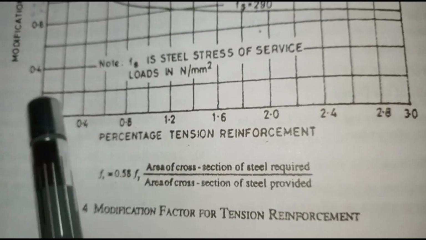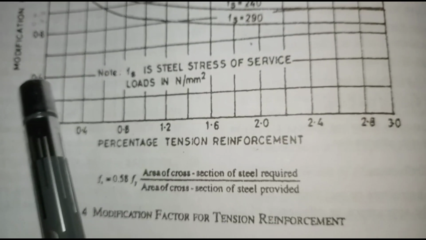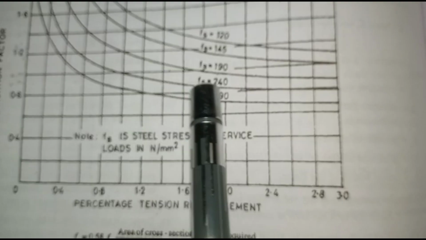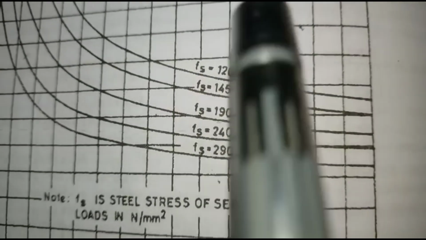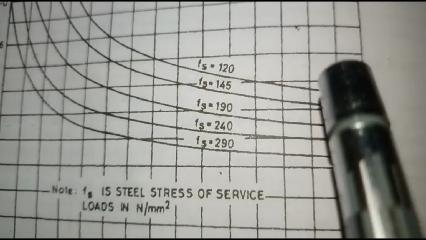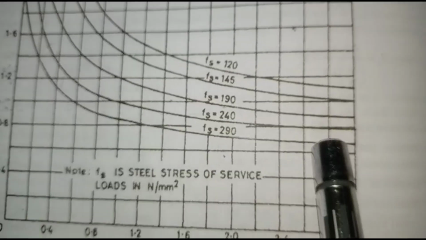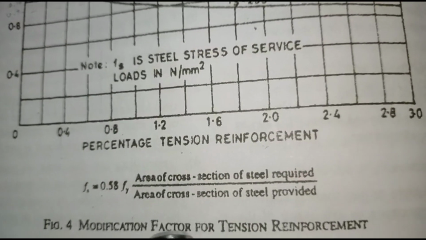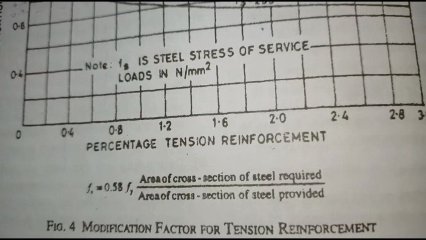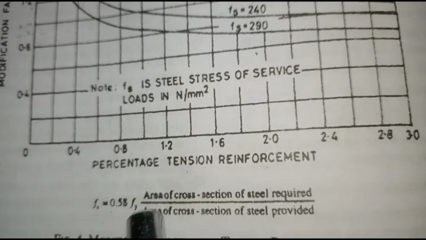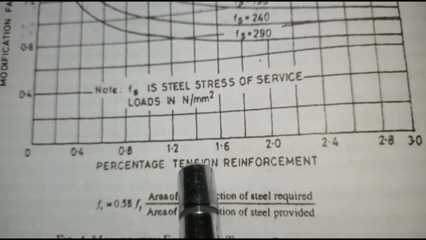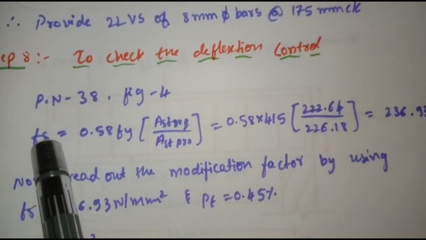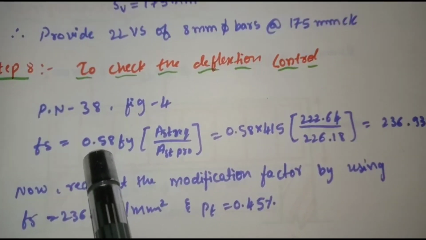To find out the KT value, the modification factor, we need the value of Fs. This chart contains the Fs curves, so that's why we need to calculate the Fs by using this formula. After calculating the Fs value, by using Fs value and our PT value, we'll calculate the modification factor. I have written the same formula which is given on page number 38.